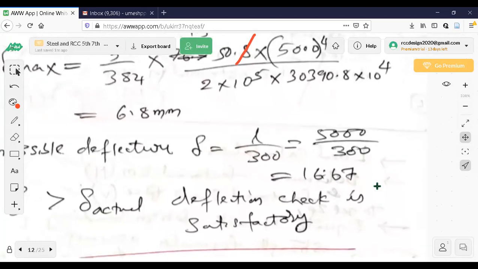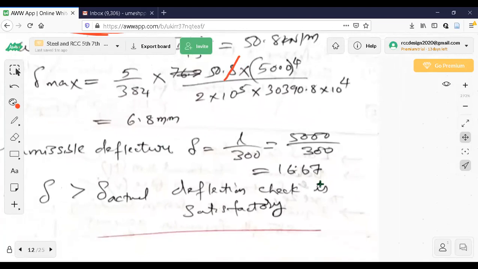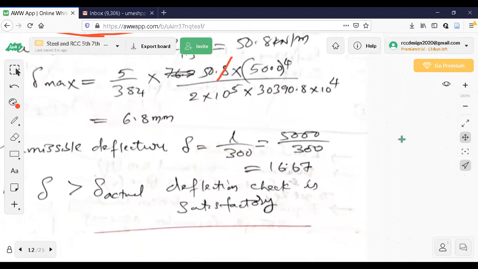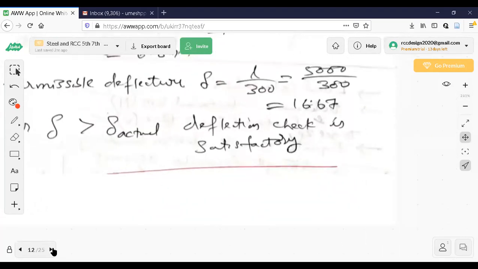I can permit 16.7, whereas actually it is only 6.8. It means deflection is also within the specified limit, because allowable is more than actual deflection. So the deflection check is also satisfactory.